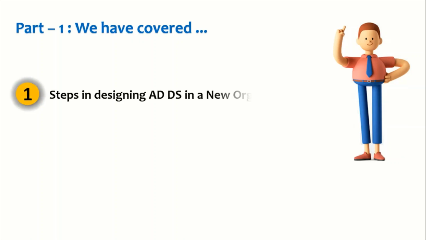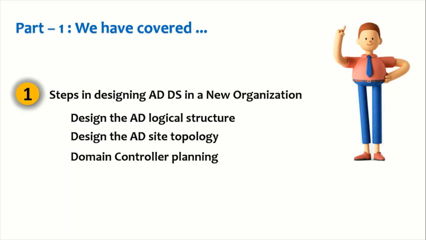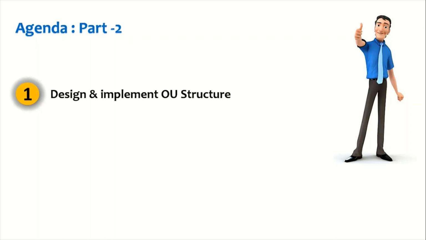In part 1, we understood the steps in designing Active Directory for a new organization, and we saw design the AD logical structure, design the Active Directory site topology, and domain controller planning. So in this part 2, we will design and implement the OU structure.